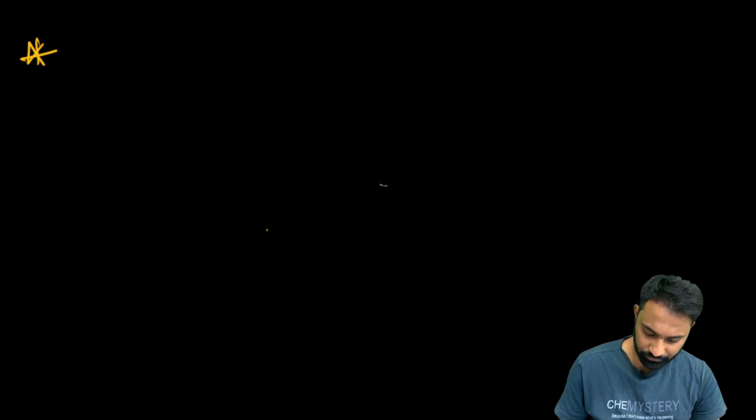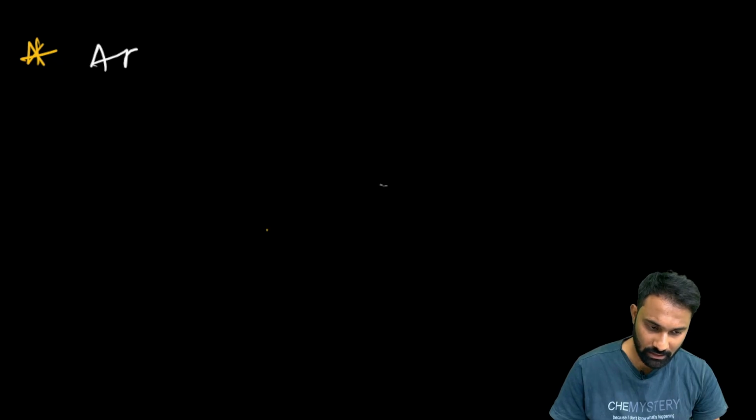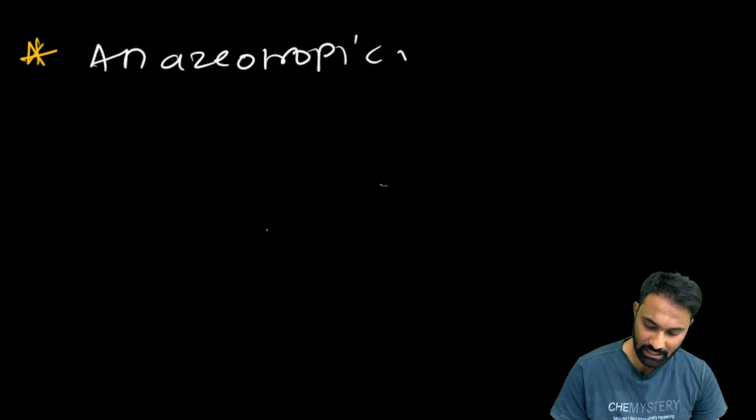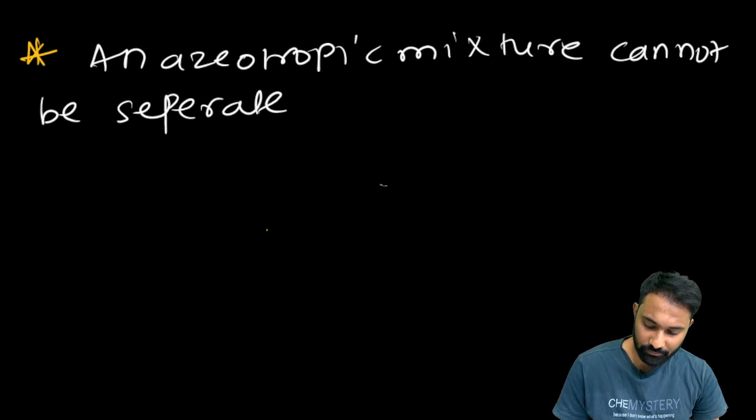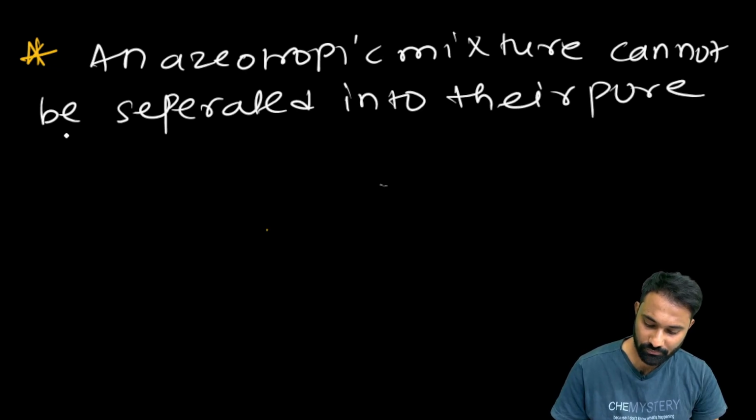Now you listen. Here what is the point you have to remember? An azeotropic mixture cannot be separated into its pure components.